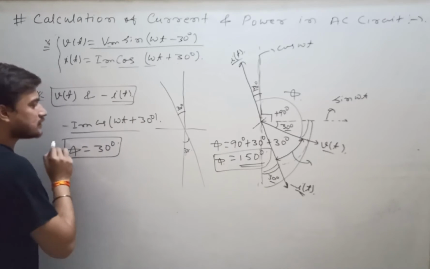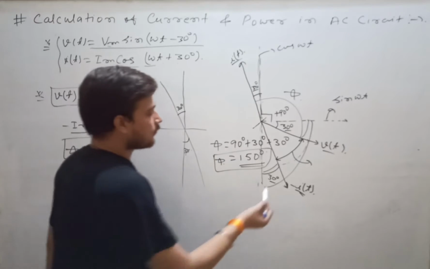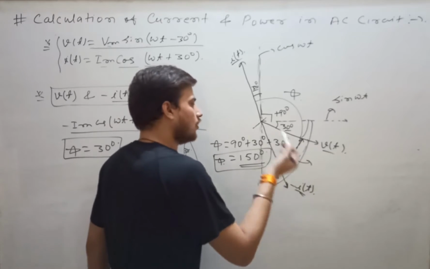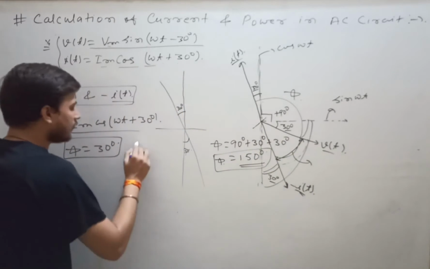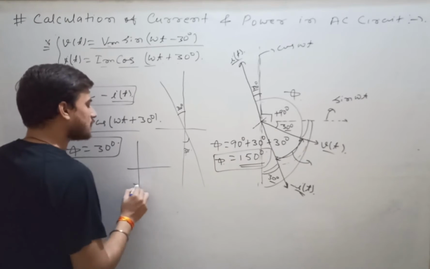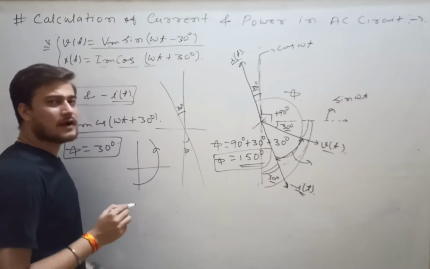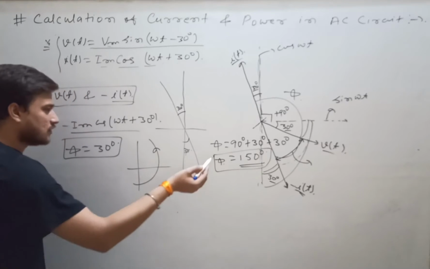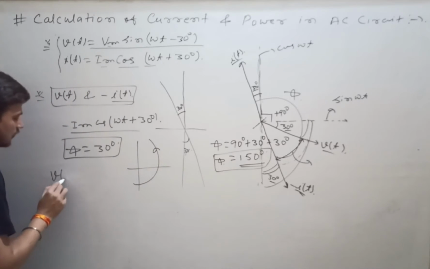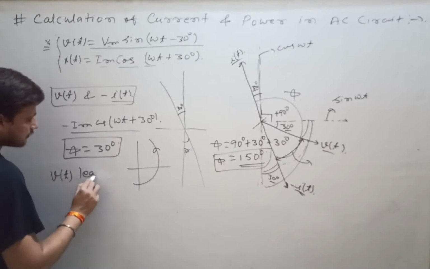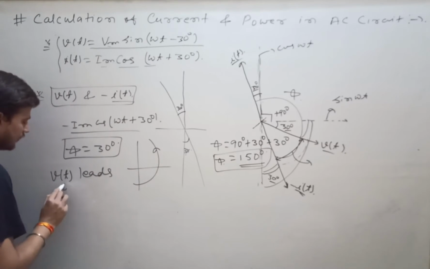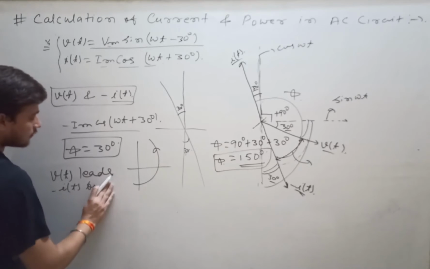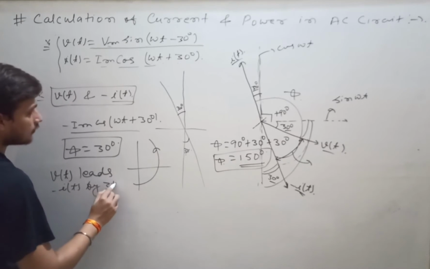And what do you see? Here you see voltage is leading minus It. Always if you have to calculate leading and lagging, you have to always move in the anti-clockwise direction. So here Vt leads minus It by 30 degree.